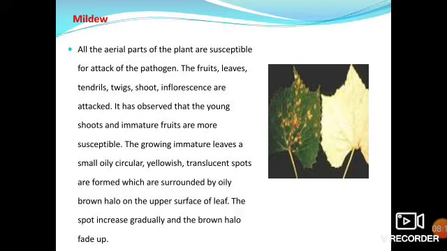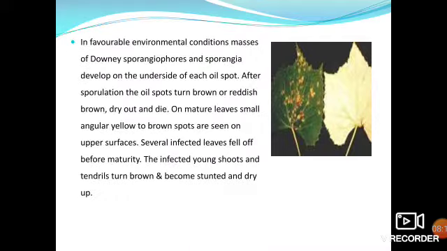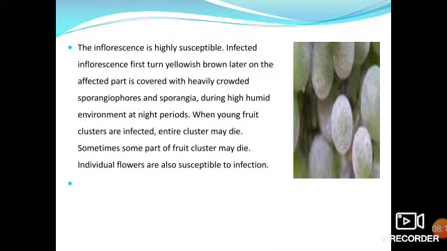Here the mildew appears. In the next slide, these are the berries or fruits of the grapes attacked by the pathogen, and this shows the cottony downy growth on the leaves, fruits and other parts of the plant.